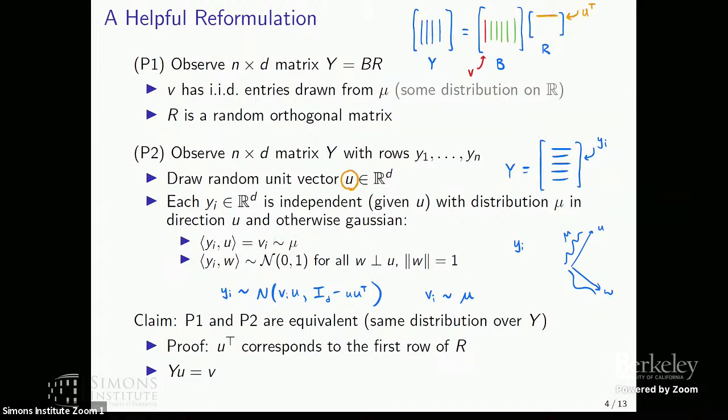So U turns out to correspond to the first row of the random rotation. And why is that? Well, this row tells you where the secret hidden coordinate gets rotated to. And it turns out the rest of the rows don't really matter because this stuff is all just Gaussian, and so it doesn't matter how you rotate it. It's all rotationally invariant anyway.